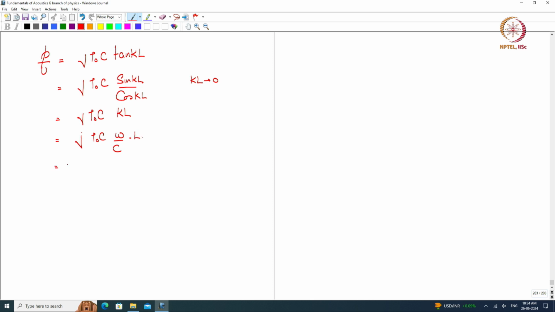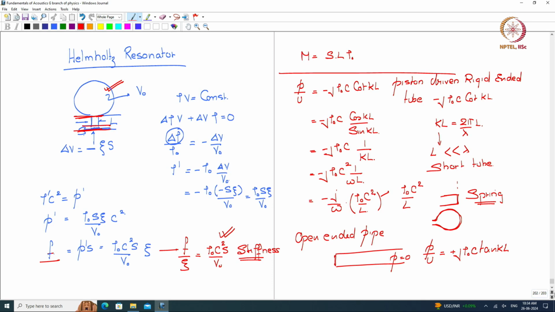Okay, so I have j, let me just see here. We need a force over velocity, so this is P over velocity, so into S, sorry, this has stiffness units.